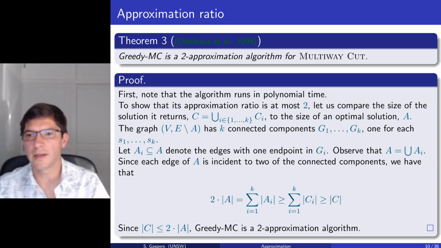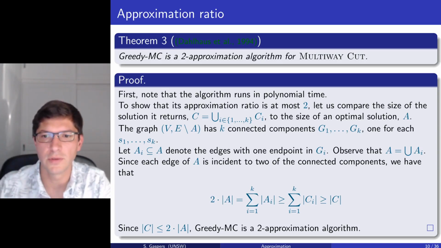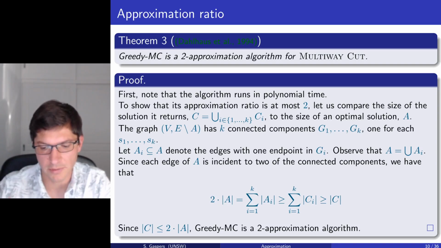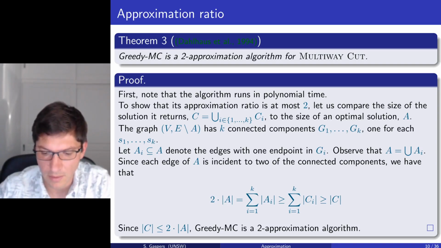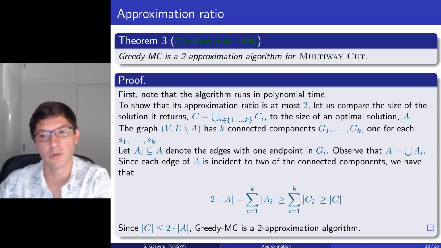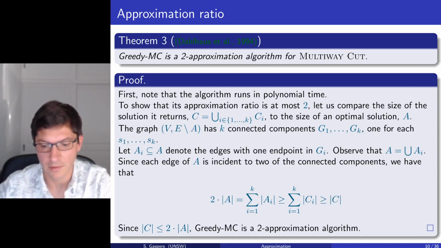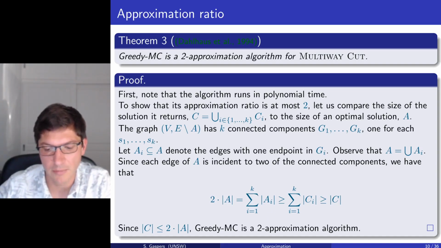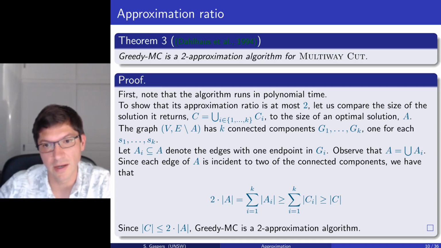So what was an A_i? It was those edges in the optimum solution that separated the connected component i from all the other terminals. But C_i was the smallest such cut that cut this particular terminal from all the other terminals. So we know that each A_i has size at least the size of C_i.